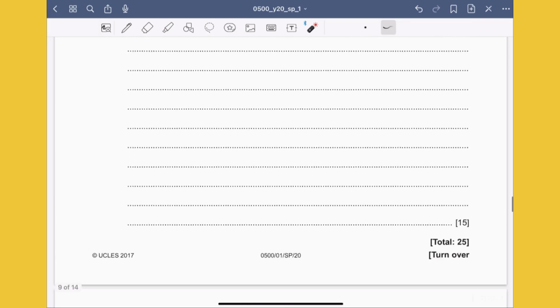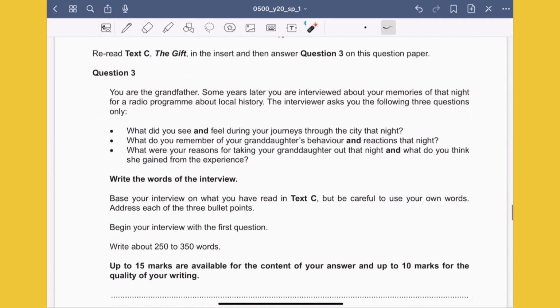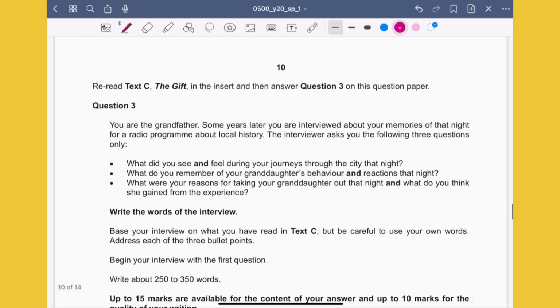And here we're going to look at the last question on paper 1. So question 3 is the last question on paper 1, which is from the same text. So question 2 and 3 is all about text C. And this one is a directed writing question, which means they will direct you towards what to write.